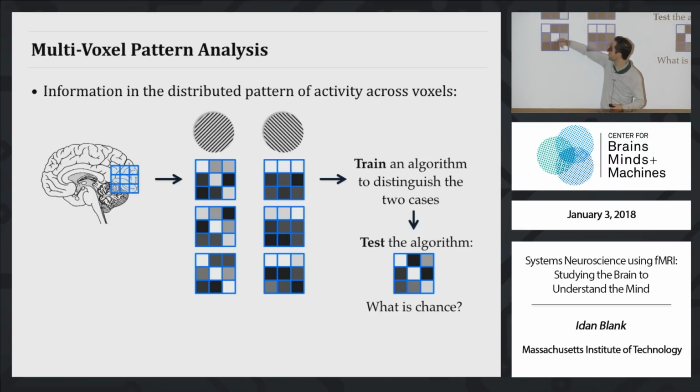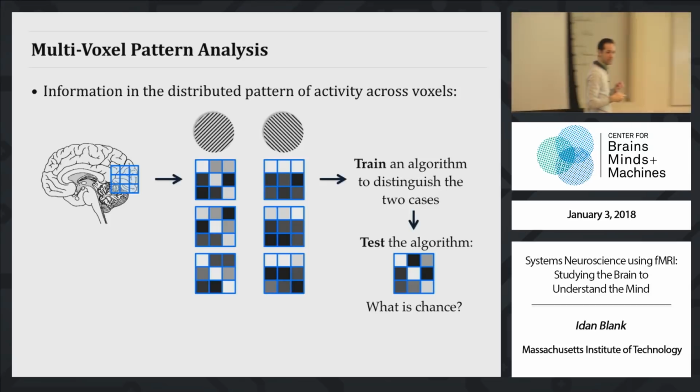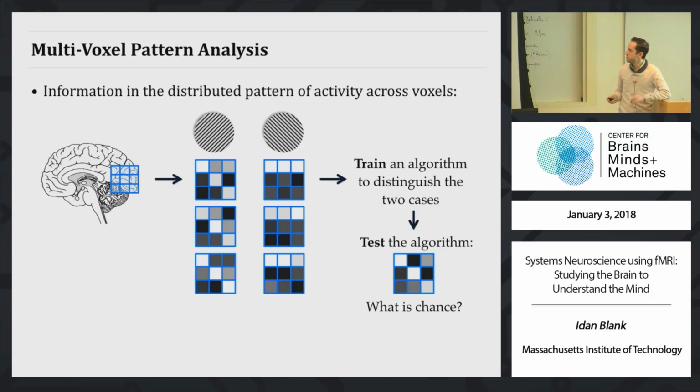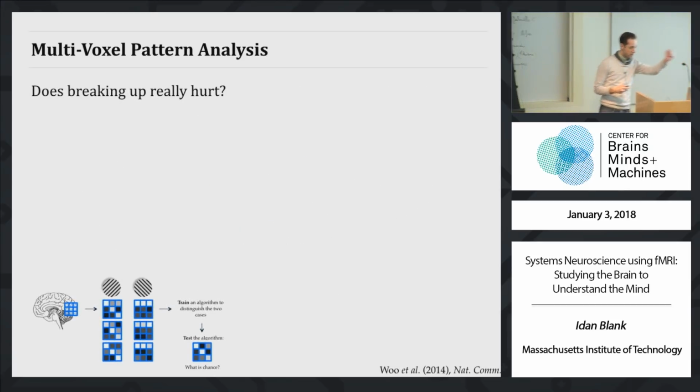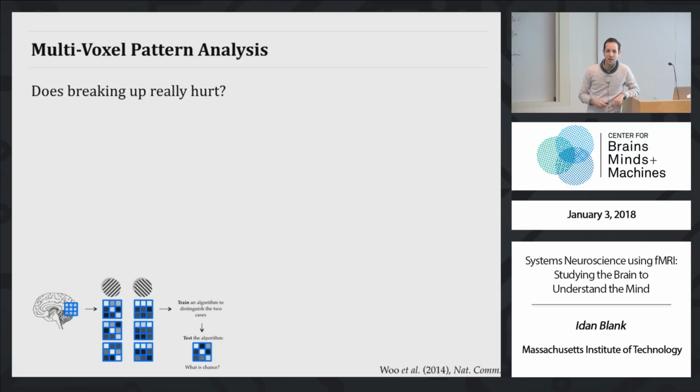So if you averaged all of this and all of this, you get kind of the same. The average would look like the region doesn't have the difference, but the pattern shows you that there is information about the difference. Does that make sense? That's MVPA.